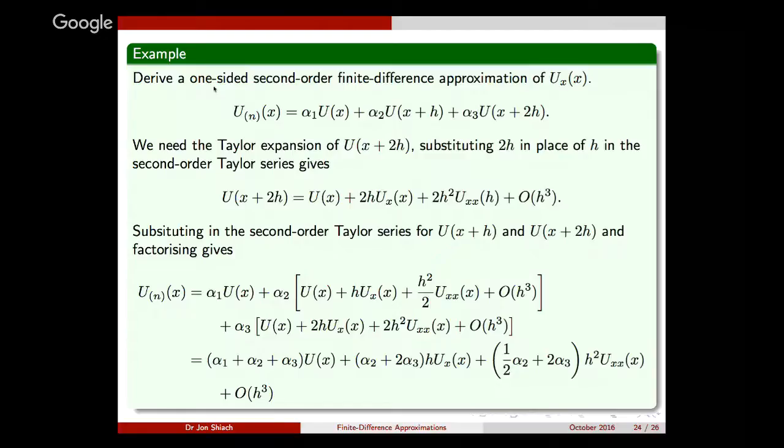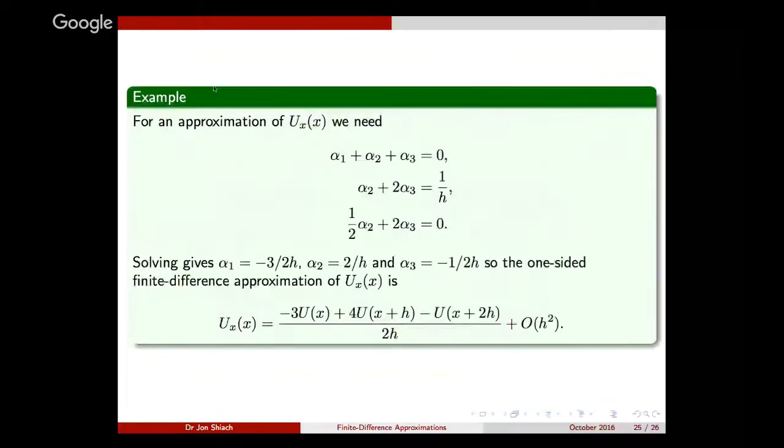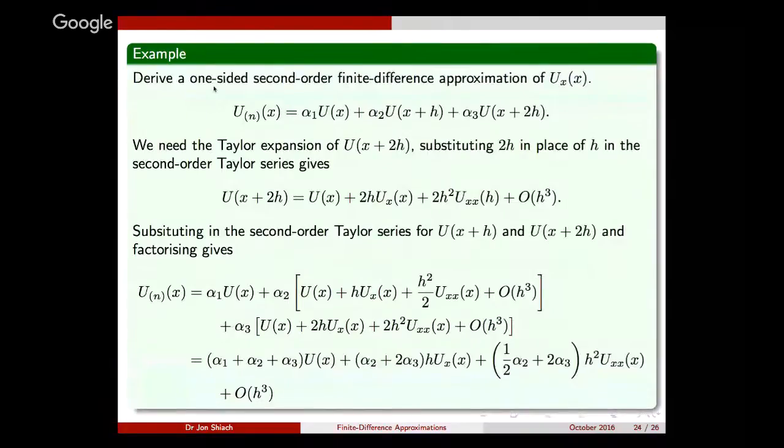So what do I want to do? First or second order? Okay, let's have a look at first order. So we have this expression down here. If I want to calculate the first order derivative, I want this to be 0, I want alpha 2 plus 2 alpha 3 times h to be 1, and I want this to be 0.